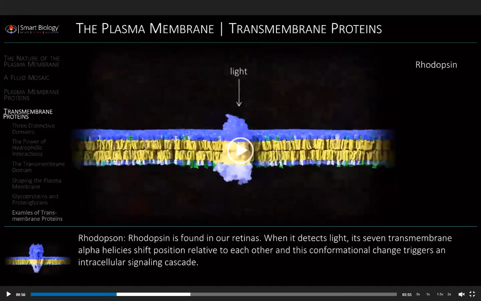It's a 7 transmembrane alpha helical structure. So this is a G protein coupled receptor, an example of a G protein coupled receptor.